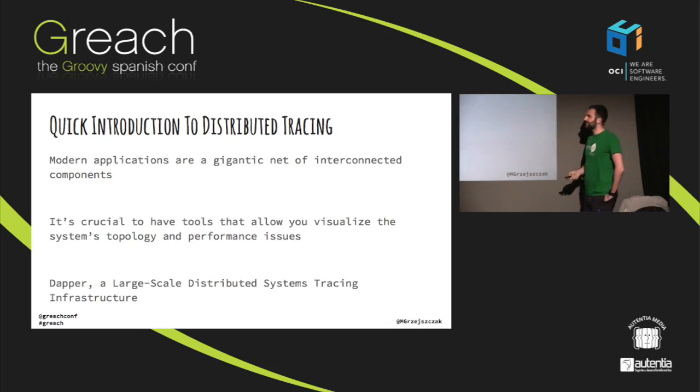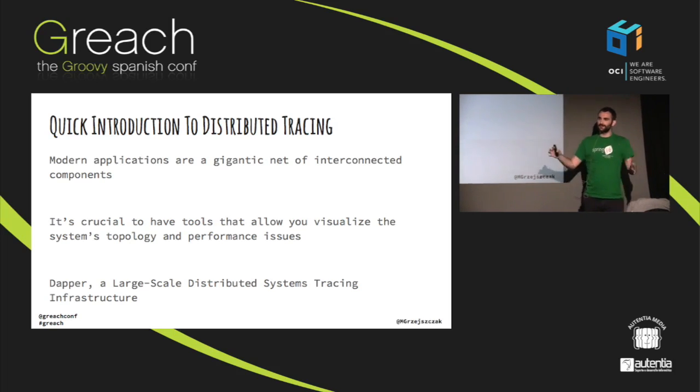So in general, in modern applications, I'm pretty sure you know it already yourself, modern applications are a gigantic net of interconnected components, right? Often when you come to a project, you're a new person, and you ask somebody, do you know how exactly and what talks to what and how? And it turns out that there is one guy somewhere and it's like a tribal knowledge, right?